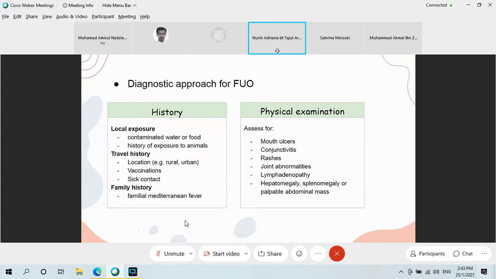Poor heart condition. Children with valve problems. Congenital heart disease, basically. So whoever has a congenital heart problem is at risk of bacteremia, maybe because of a procedure such as tooth extraction.